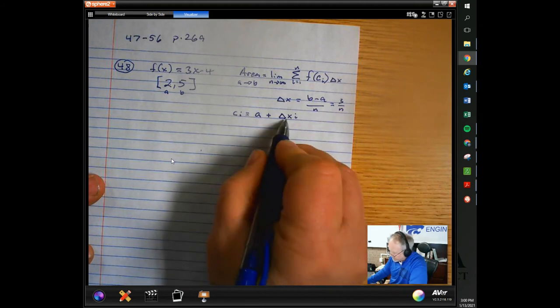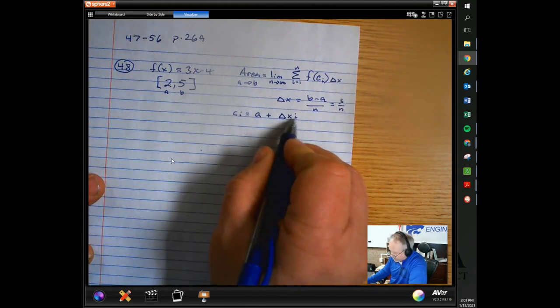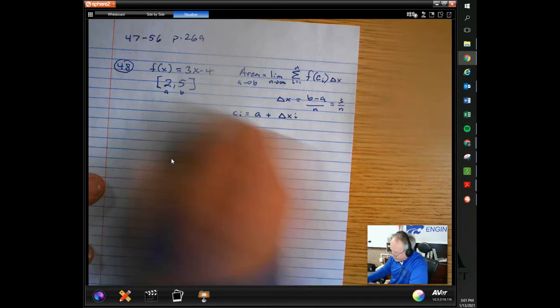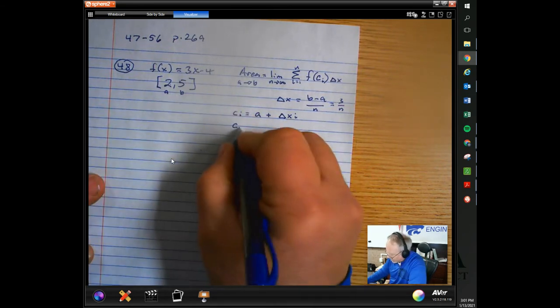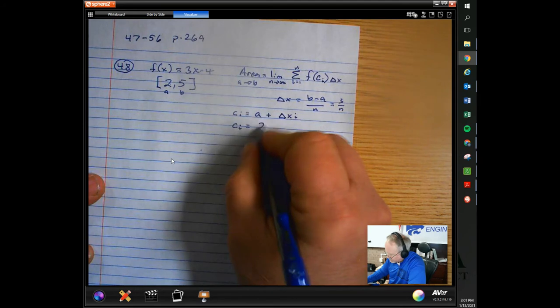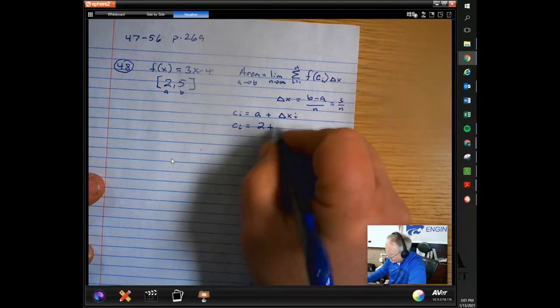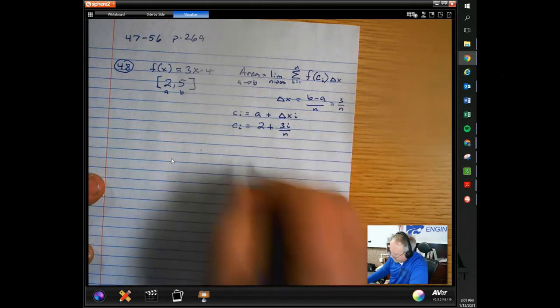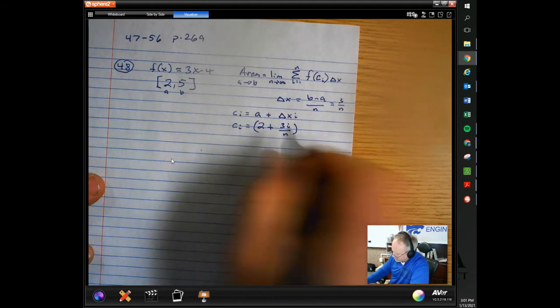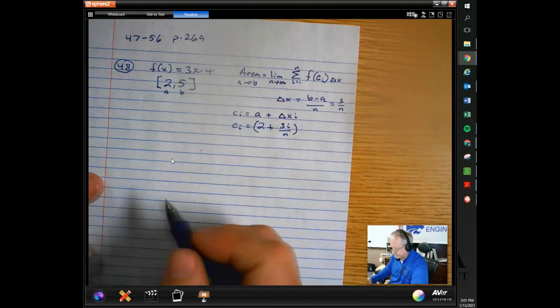So that means that's going to get plugged in here. i is our counter, so we're not replacing that, but I can replace a with 2. So c sub i is going to be 2 plus 3i over n. I'm going to put parentheses in it because we're going to plug that in up here.